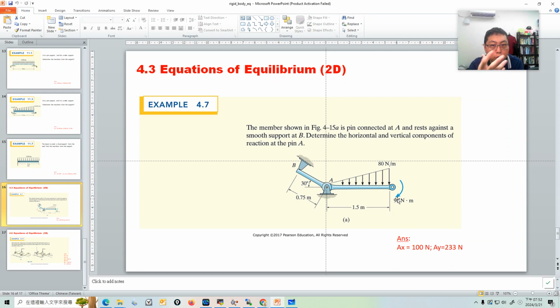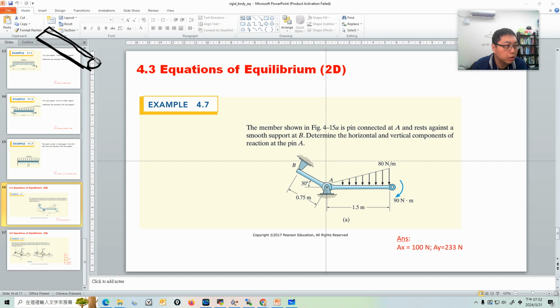For this problem, first of all, we have to draw a free body diagram. A free body diagram frees the body from its surroundings and lets you understand the problem more clearly. It's not easy to draw, but let me draw it here with the joint and the pin support.